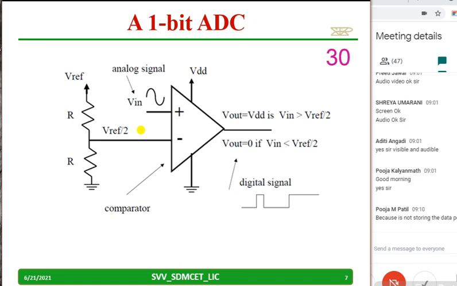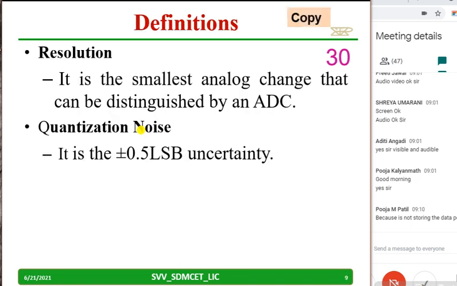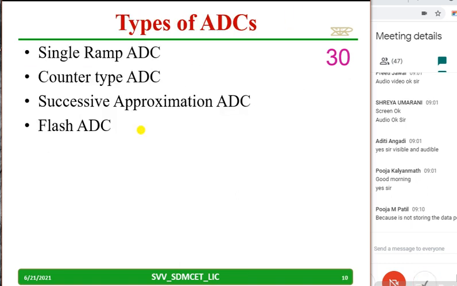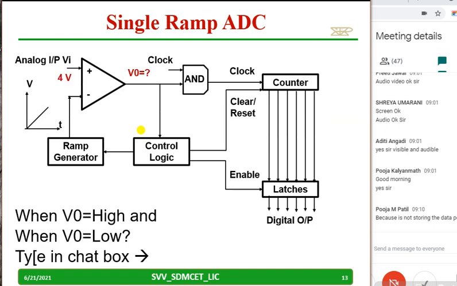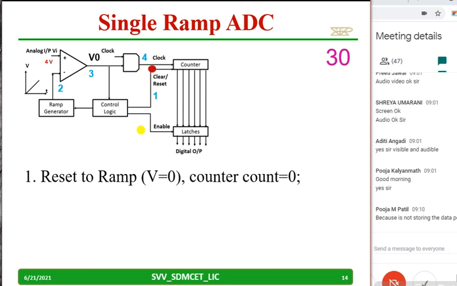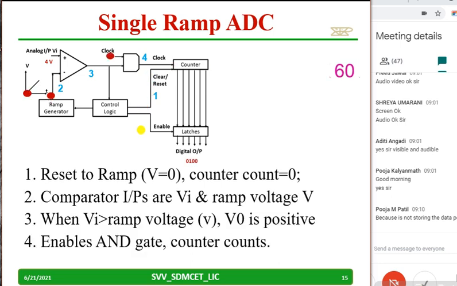And the 1 bit ADC we have discussed, and what resolution means and what quantization error means, we have discussed. Types of ADCs we have discussed. In that, the first one is the single ramp ADC, and after copying this we will have a discussion. If 4 volts is given, the ramp is increasing, and initially the counter is 0, it will start counting as the input is high compared to the ramp generator.